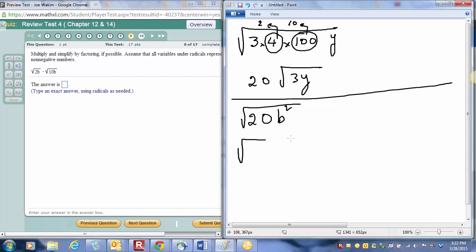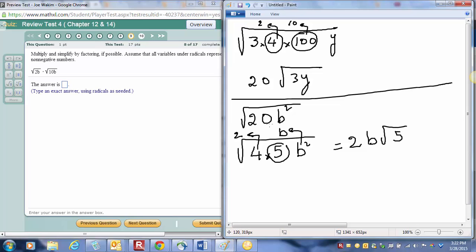Now, 20, remember that 20 is 4 times 5, and b squared is a perfect square, will come out as b. 4 is a perfect square, will come out as 2. So what is left? Only 5 is left inside. So this would be 2b square root of 5.